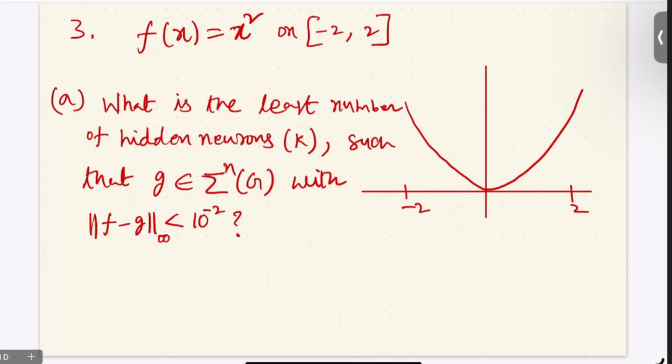Now you have to vary k such that you meet a close approximation of the neural network sitting on this x square, such that the sup norm error between this target function and the network is bounded by 10 raised to minus 2.